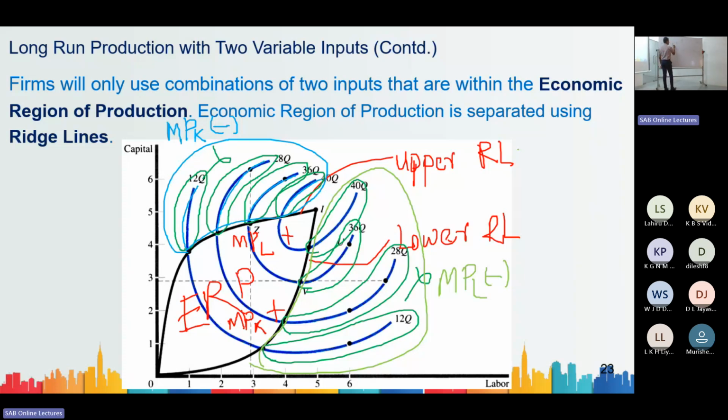In other words, the marginal rate of technical substitution at point A is infinite. At point B it is infinite. At point C it is infinite.